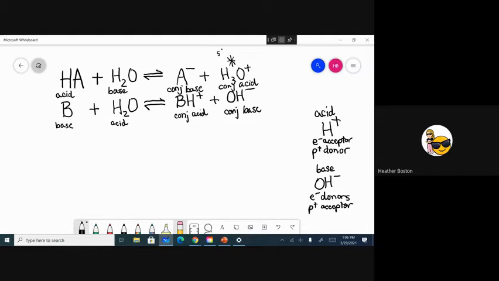So this one is the strongest acid you can have, and this is the weakest base you can have. Down here, water is the weakest acid you could have, therefore its conjugate is going to be the strongest conjugate base.